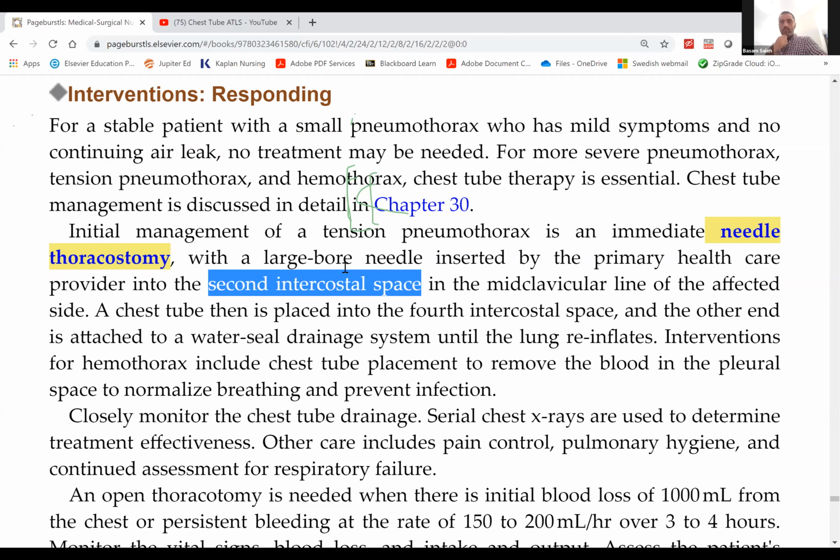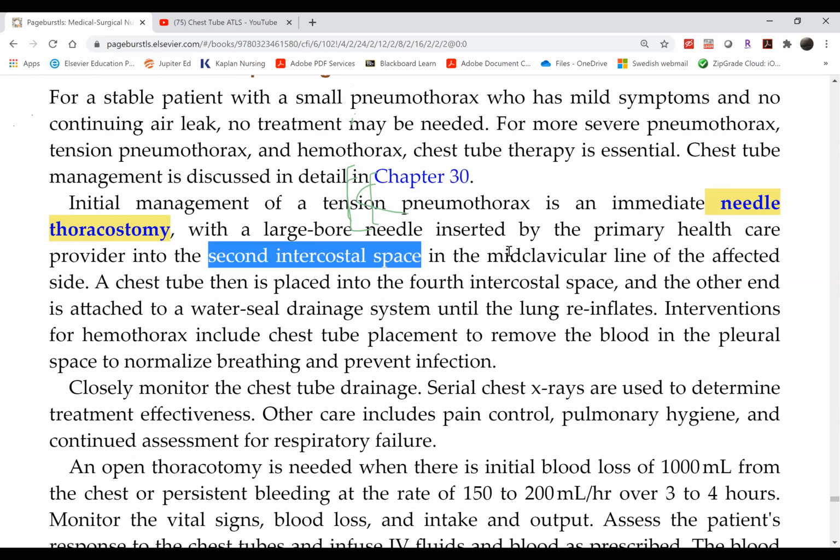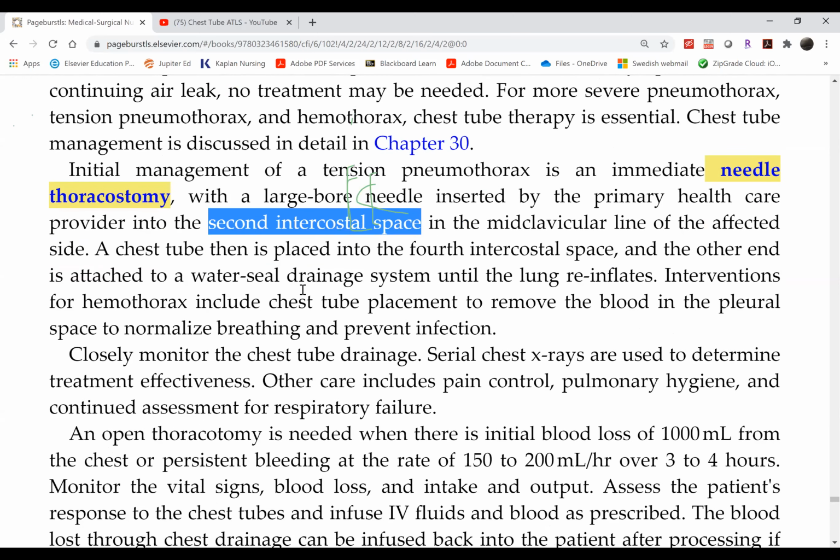We do not leave that needle in there. This will be your emergency. It relieves the pressure right away until you can get a chest tube inserted. Chest tube will take another 5 minutes or more to insert. And then of course we will connect the chest tube to an underwater drainage system.